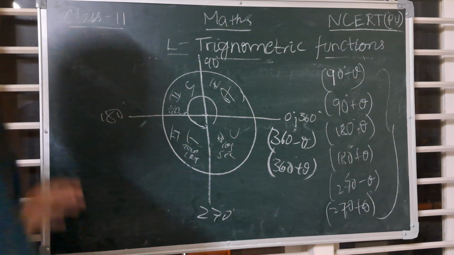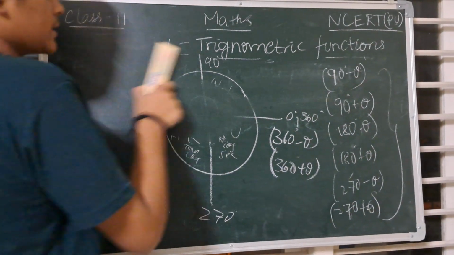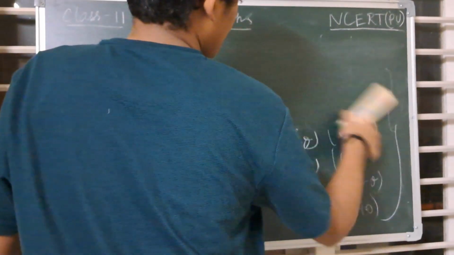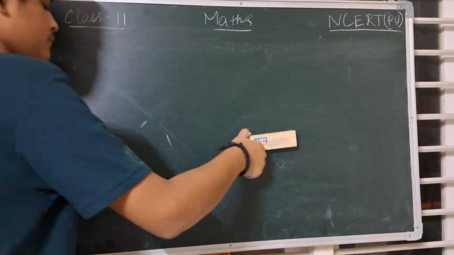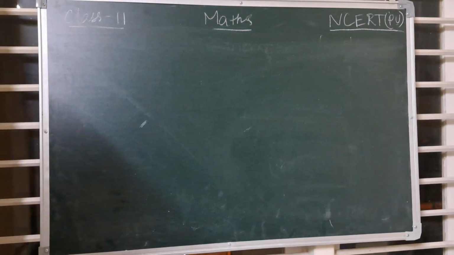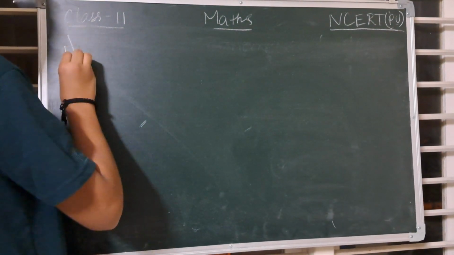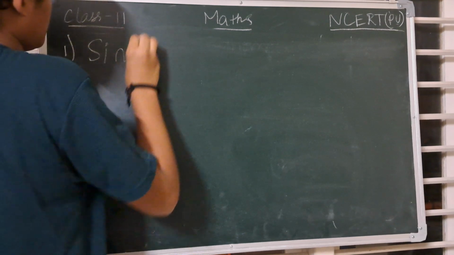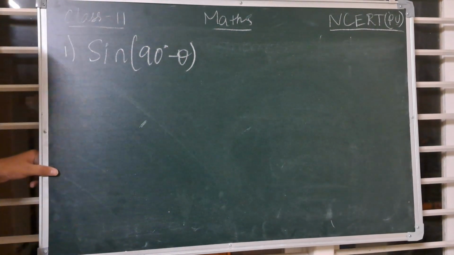So how to identify the values of these? I will erase this and explain. First we will take sine of 90 degree minus theta.